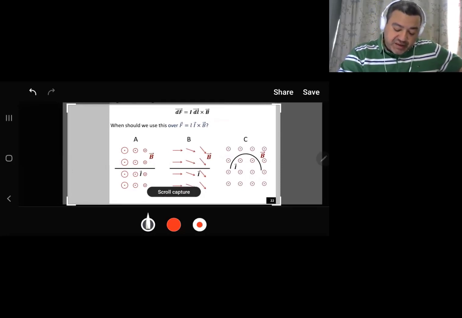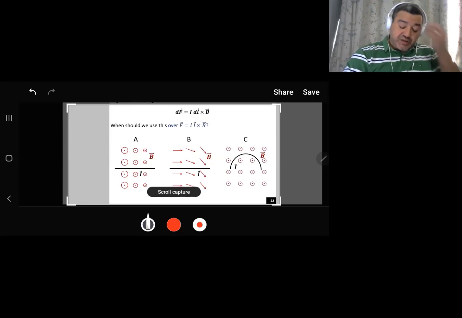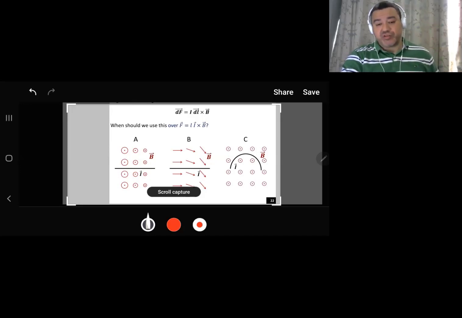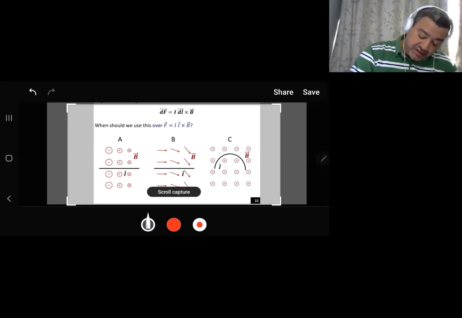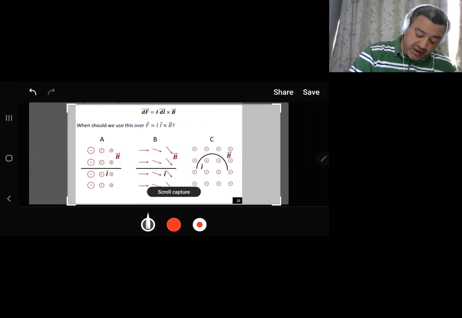As I said, either the magnetic field is non-uniform or the direction of the current is not straight, it is changing. In this case, we have to use the differential case. In the first case, I have current going in a straight line, however the magnetic field is non-uniform.